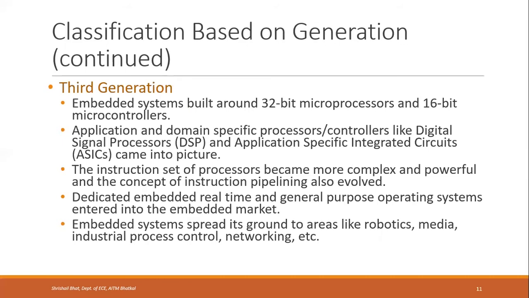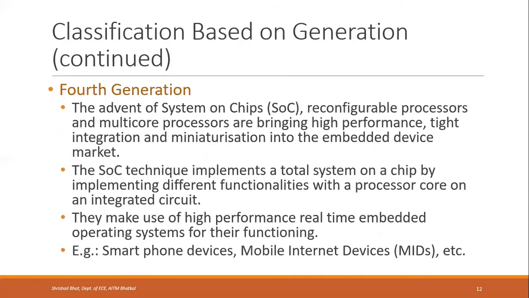You know what is instruction pipelining? When the present instruction is being executed, the next instruction can be fetched so that the instruction execution speed can be increased. Dedicated embedded real-time and general purpose operating systems entered into the embedded market. So the embedded system spread its ground to areas like robotics, media, industrial process control, networking, and others. These are the applications where third generation embedded systems are used.